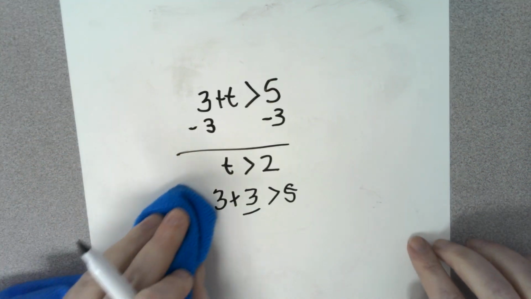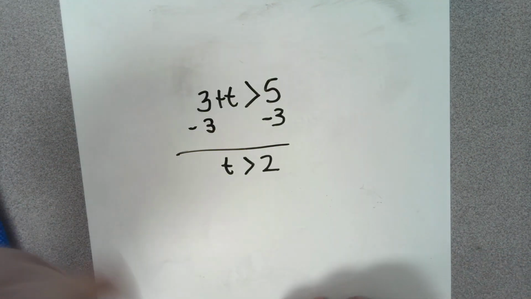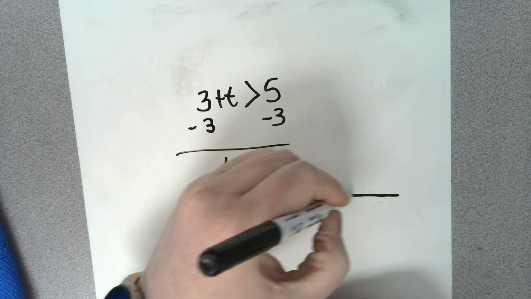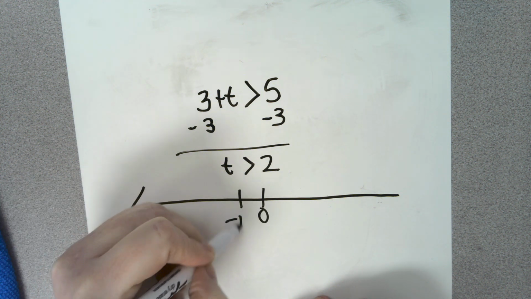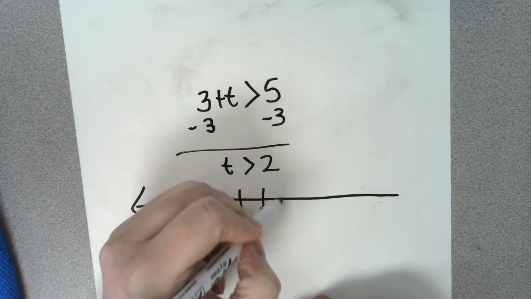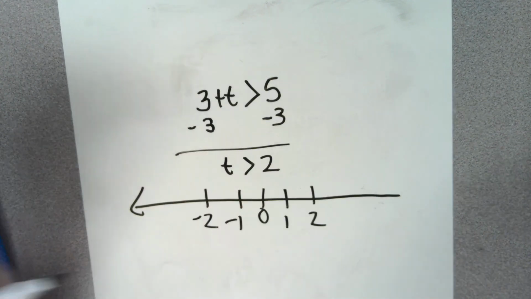So when you have something like this, you can graph it. So you'll see a number line like this. It'll say like 0, -1, -2, 1, 2.